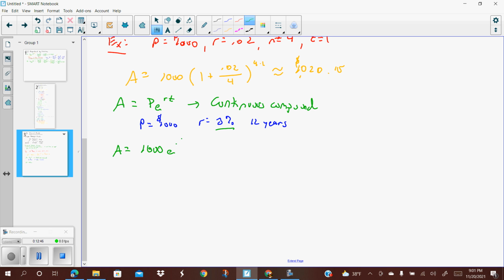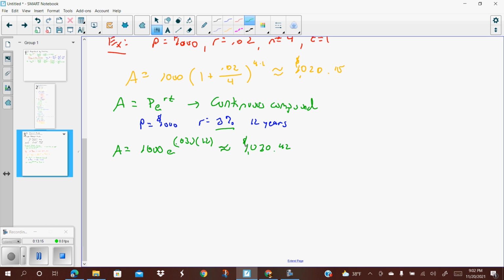So that's going to be raised to the 0.03 times 12 years. Then once again, you plug this into your calculator, and it's going to give us some kind of a decimal approximation. Assuming that we did this right, it is $1,030.42.